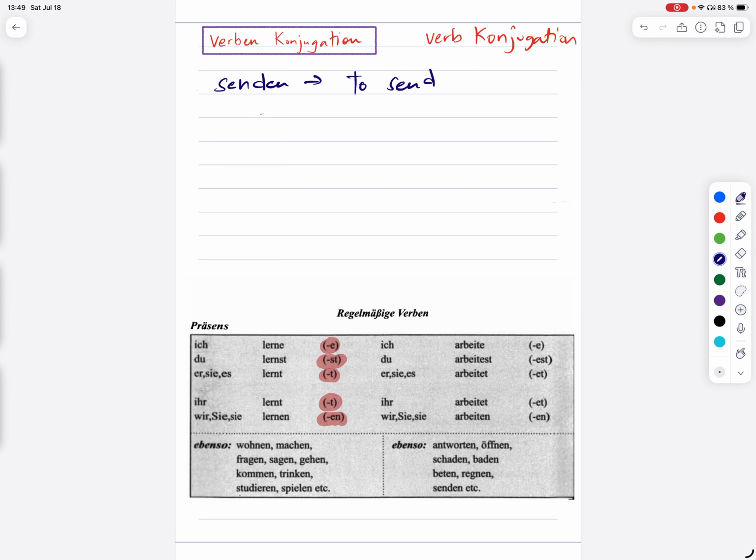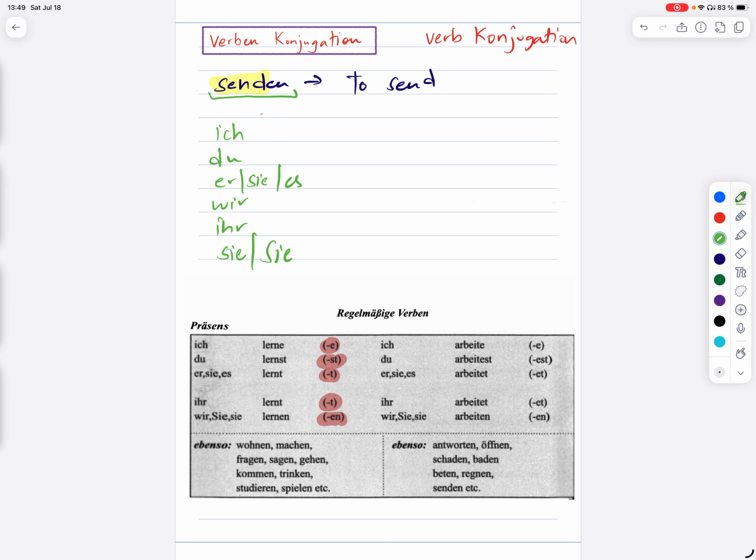So the infinitive is senden, and the stem form would be removing the en from here, so send, right? Then we will do ich, du, er, sie, es, wir, ihr, and then sie, right?